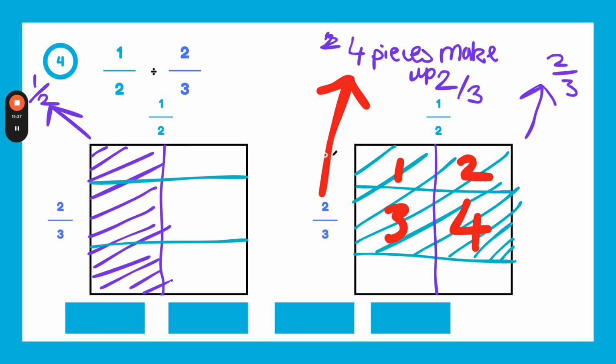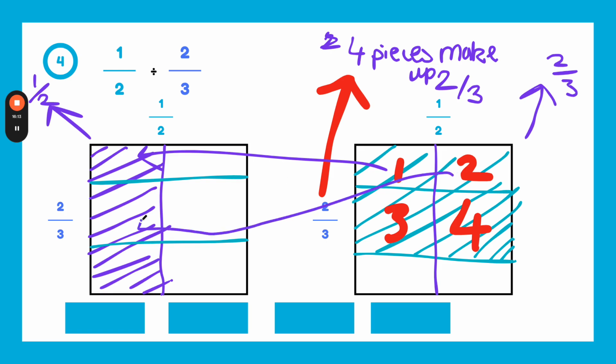So what we want to do is find out how many of these pieces can we fit into our representation of a half on this square. So if you imagine moving each piece of this division here, so 1, 2, 3, 4. If you imagine moving one piece, the second and the third, so this piece would go over here.